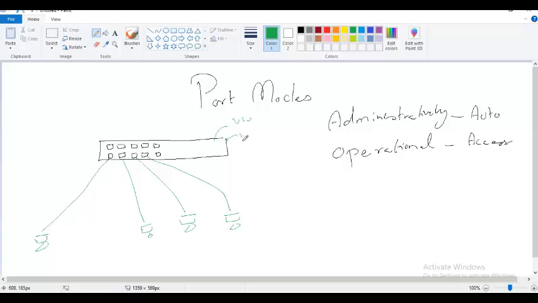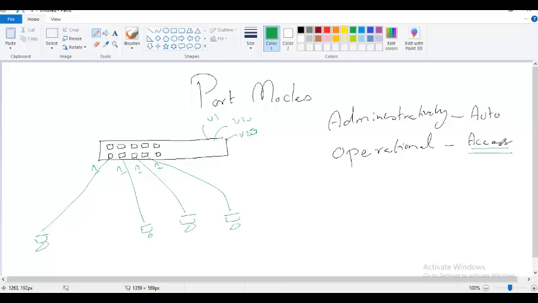You may have these VLANs created, but this port which is in an operational mode can be a part of a single VLAN only. When you don't configure a VLAN, you know very well all ports are members of VLAN 1. It is access and a member of VLAN 1.